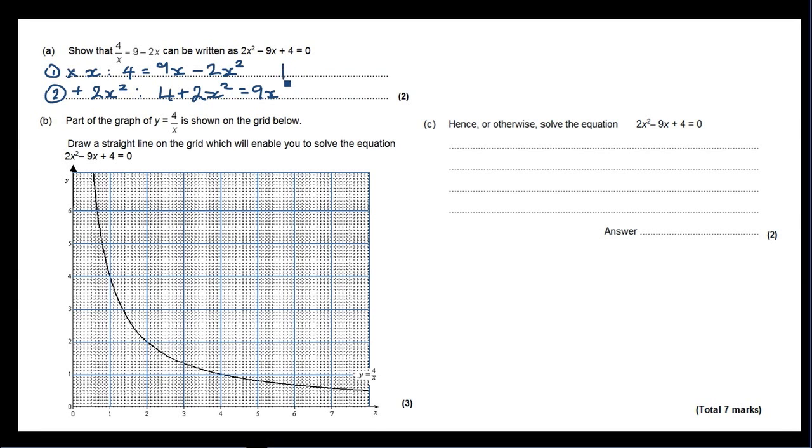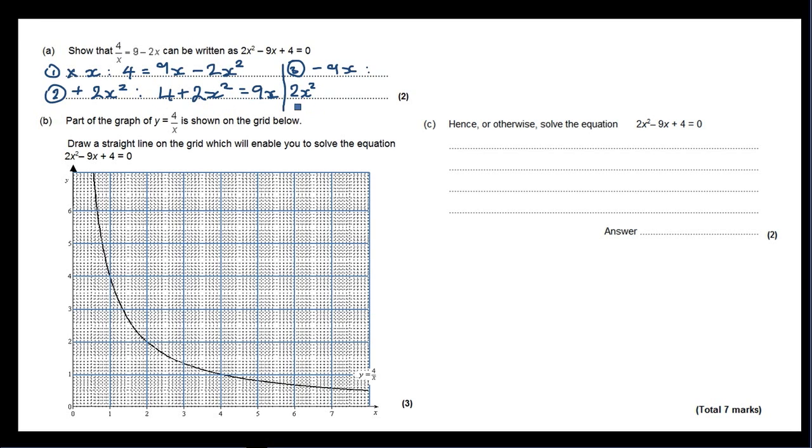Okay, and then the third step, I'll just do a line to separate it. The third step is going to be bringing over that 9x as well. So if we subtract 9x from both sides, we're going to get our 2x squared.